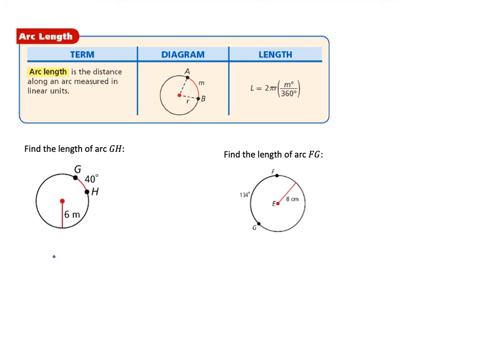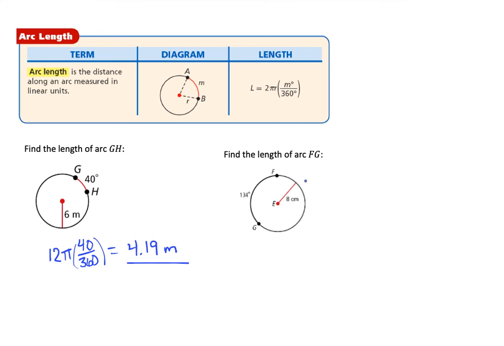So my diameter is actually 12 times pi, and then I'm going to multiply by 40 over 360. And I'm going to put that in my calculator, and I get 4.19, and the label is meters. It's just a length, it's not an area, so it's not squared.